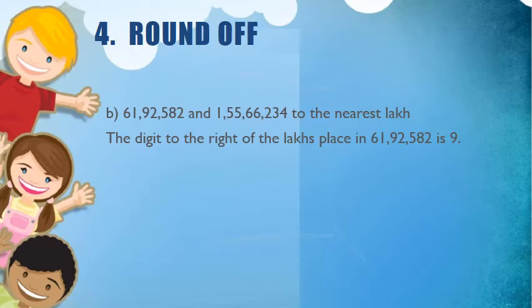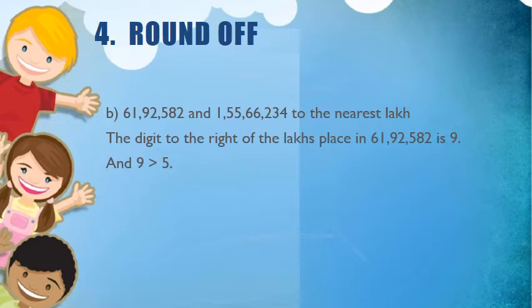First of all, let us see what is the digit at the rounding off place, that is at the lakh place. The digit at the lakh place is 1. And now the digit to the right of the lakhs place in 61,92,582 is 9. And children, 9 is bigger than 5. So what are we going to do?